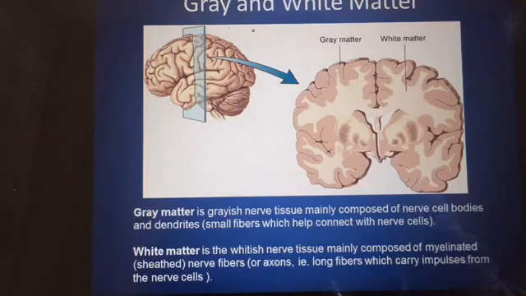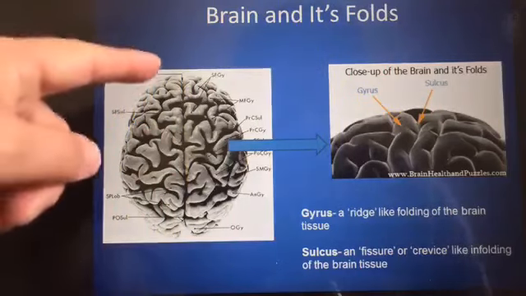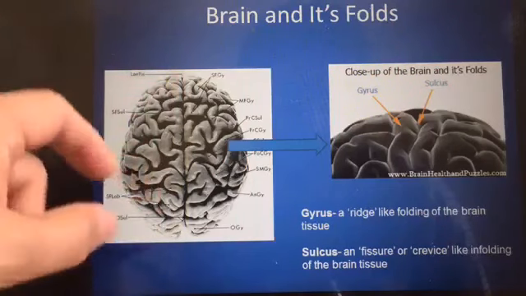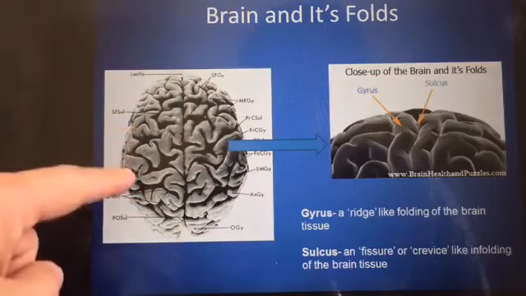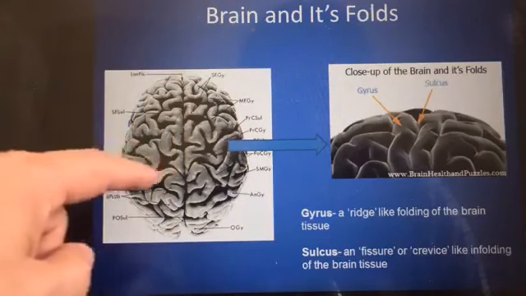and then the rest of the body essentially follows. Furthermore, the brain essentially is like a towel that's sort of folded and folded over itself a number of times. So this is what it looks like. It's got this kind of crinkled appearance, and you have what are called gyri, which are a ridge-like folding of the brain.